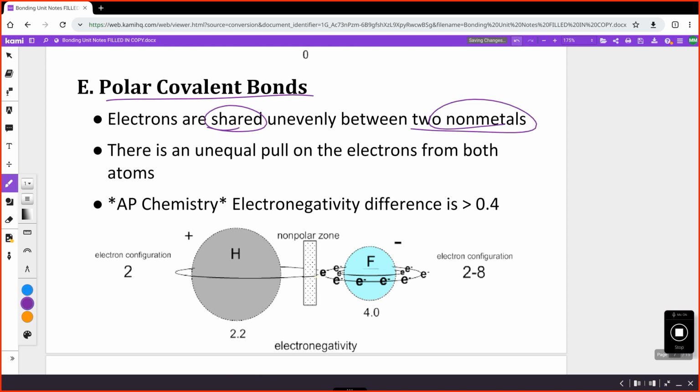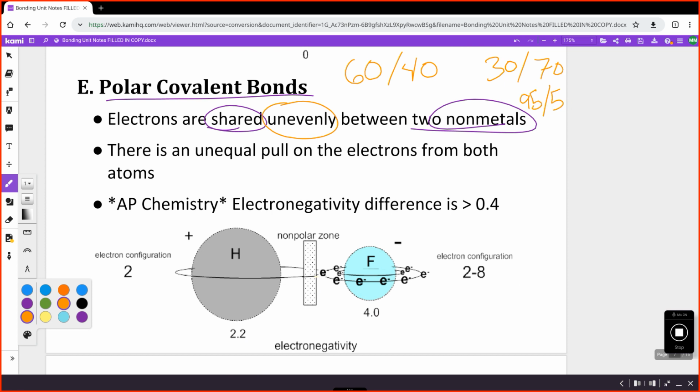But the difference between polar and nonpolar is that there's an uneven sharing. 60-40%, 30-70, 95-5. There is a sharing that is not 50-50.